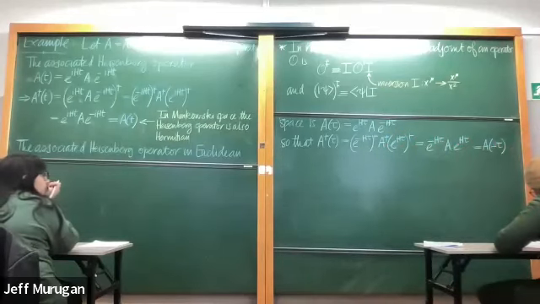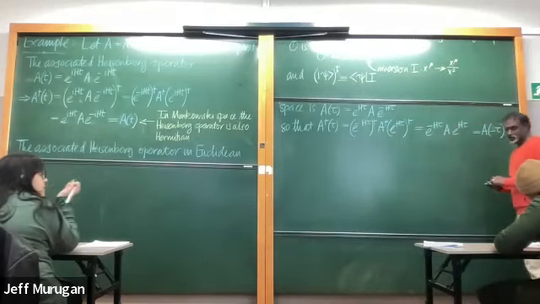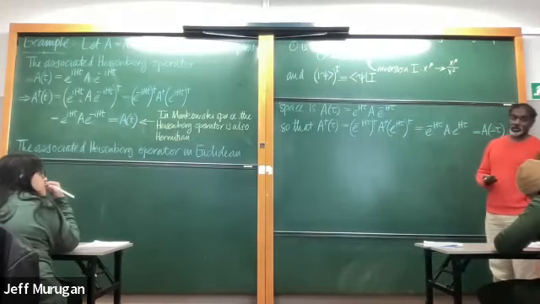So if I want the correct Euclidean dagger, what I have to do is replace tau by minus tau.